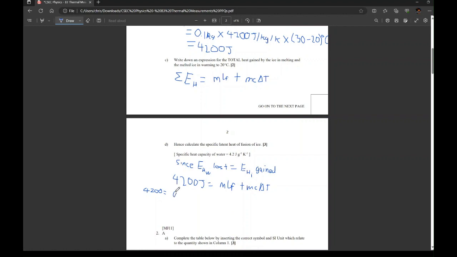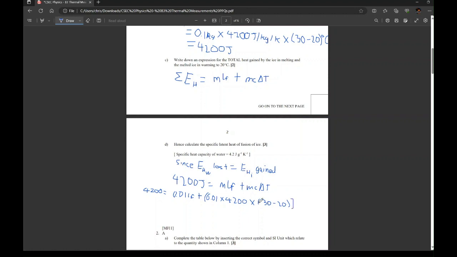So 4,200 is going to be equal to 0.01 times LF plus 0.01, right? Because 0.01 is the mass of the ice, multiplied by 4,200. Since at this stage the ice would be actually melted into water, that's going to be multiplied by 30 minus 20, which is of course a temperature change.